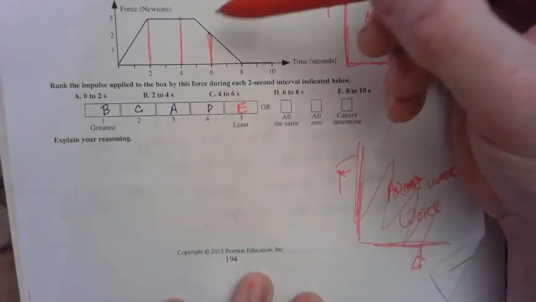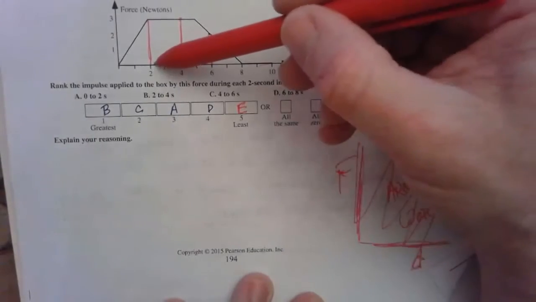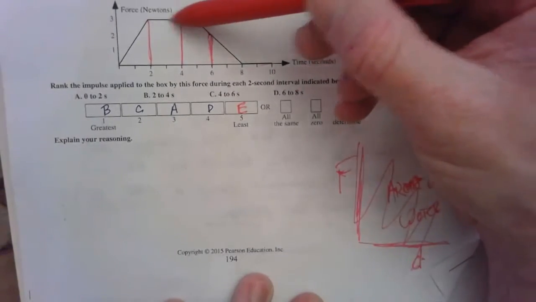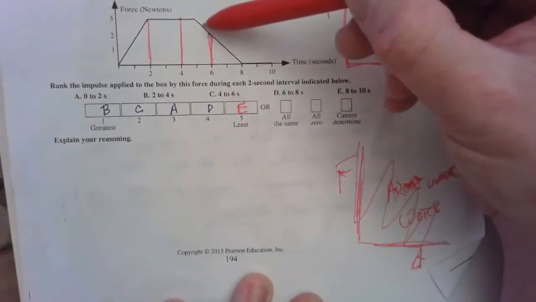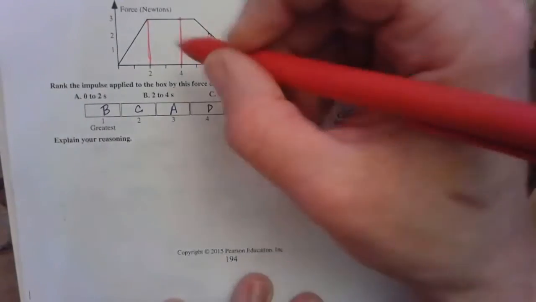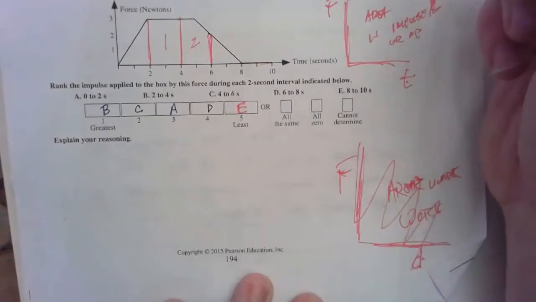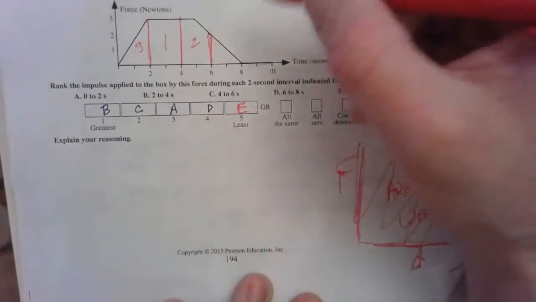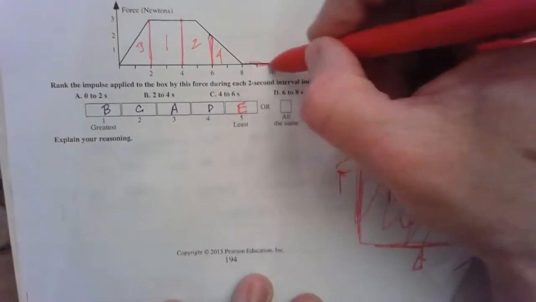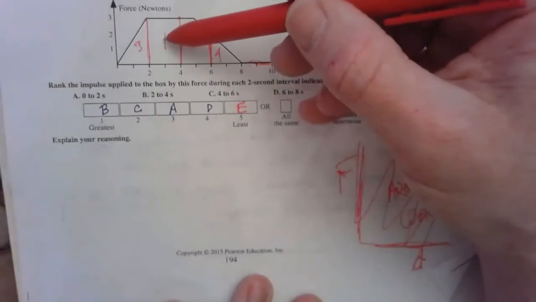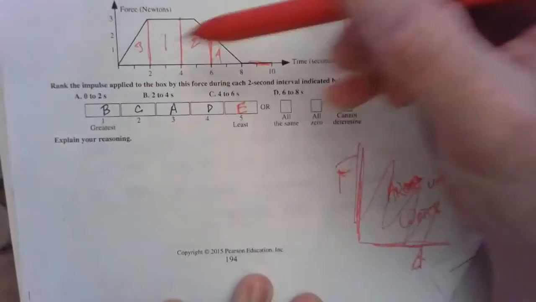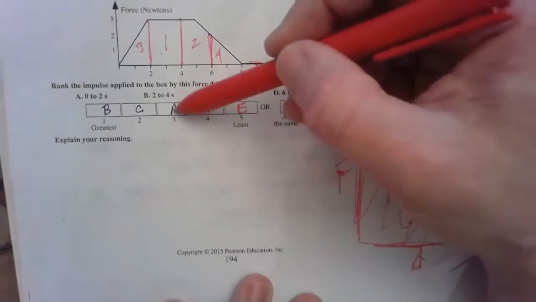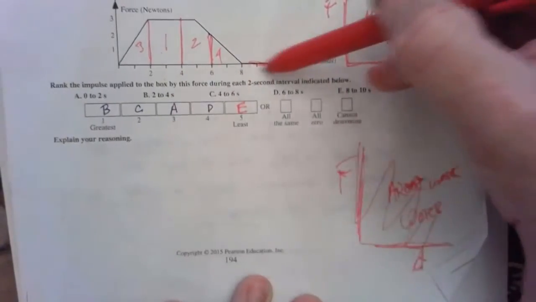So the biggest area here, well, this one has 2 seconds and the full 3 up. That's got to be the biggest area. This would almost be there because it's missing this. So E is number 1, E's 2. That looks like a bigger triangle. That's 3, 4, and then obviously this is 5. So 2 to 4 seconds would be B, then C, and then A, and then D, and then E, yes, would be not there.